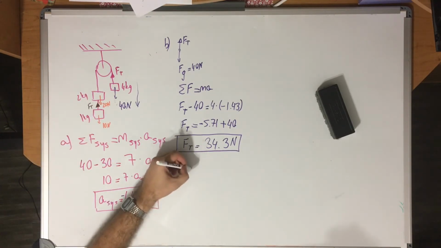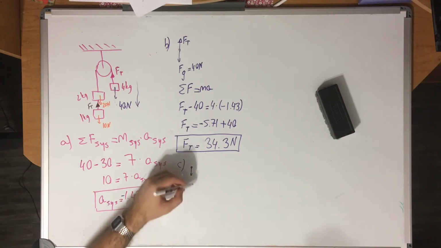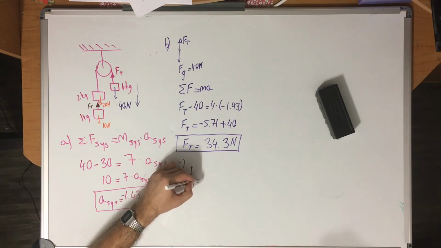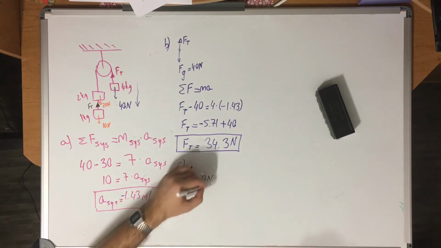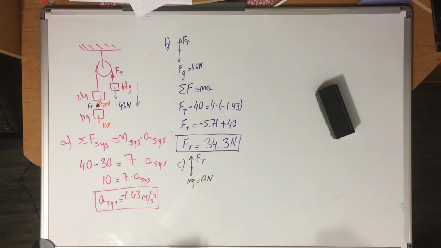So again, let's draw the free body diagram for this 1 kilogram object, mg, which is 10 newtons, and then you only have the tension that we are looking for on that object. So Ft goes up, mg, which is 10 newtons, goes down, and basically that's what they are asking for, the tension.